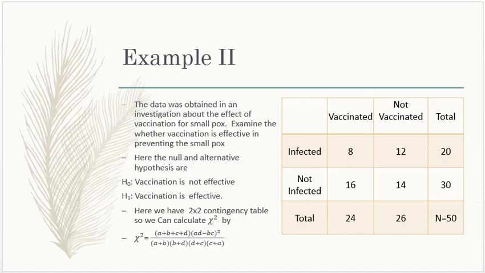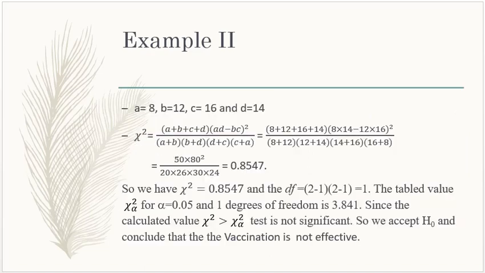You get A plus B plus C, and you take N, that is 50 into 8 into 14 minus 12 into 16 divided by 8 plus 12, 12 plus 14, into 14 plus 16, into 16 plus 8. So that is given here.